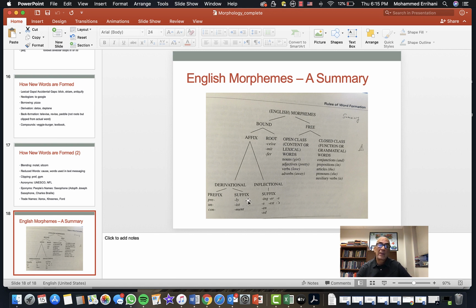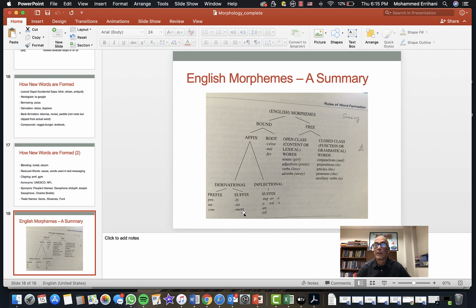It could also be a suffix, for example, ly, ist, or ment. Once you add this to the end of a word, we derive a new meaning or a new grammatical category. So happy, happily. Ist: piano, pianist. Piano is a noun, pianist is the one who plays.